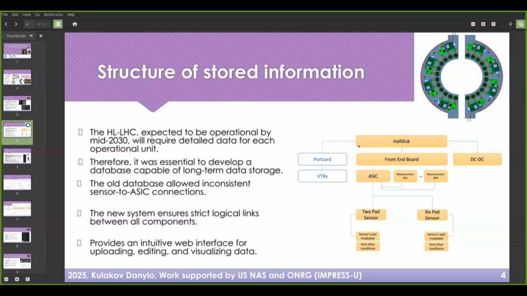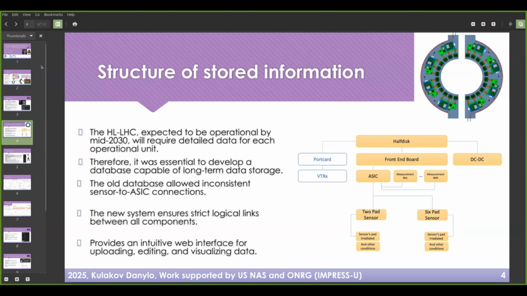On a half disk we have some DC-DC power supply models and port cards, VTRX, and also hybrids. Hybrids consist of ASICs and sensors. Also, each ASIC and sensor has its own measurements, and we need to store them.